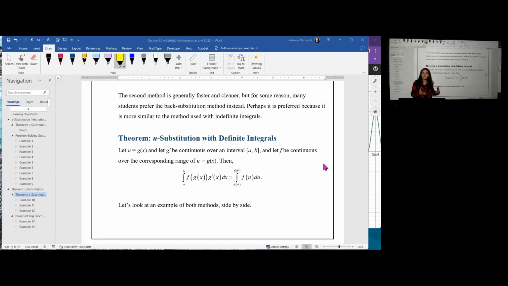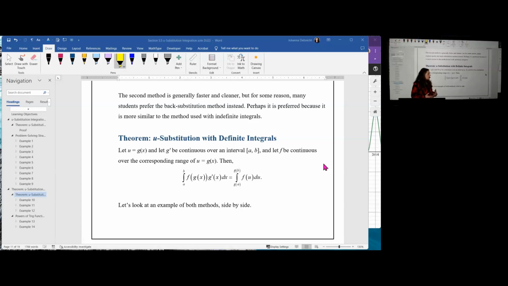Let the outside function f be continuous at the corresponding range of g. Then we can say that the definite integral from a to b of f of g of x multiplied by g prime of x dx is the integral from g of a to g of b of f of u du.